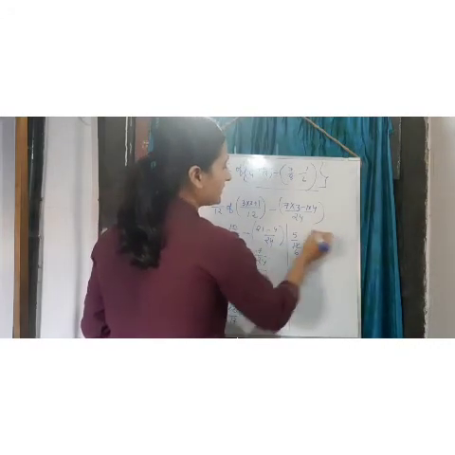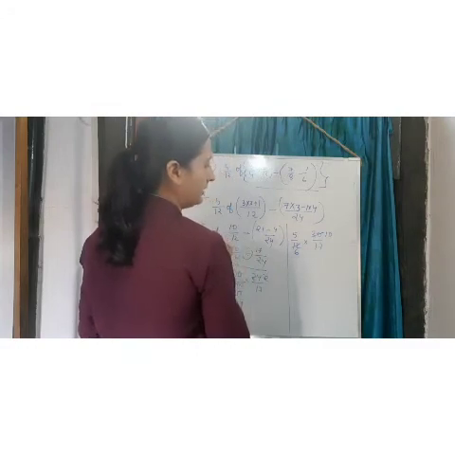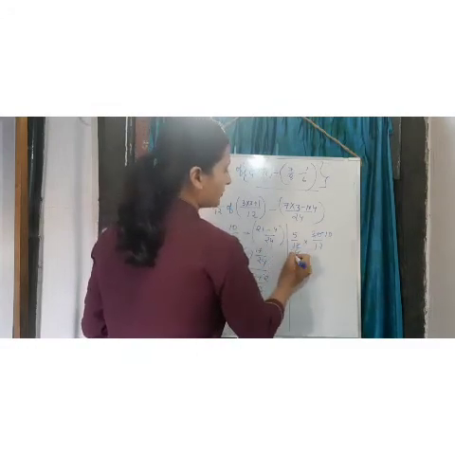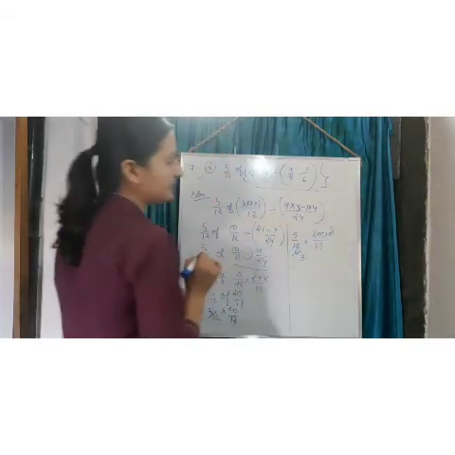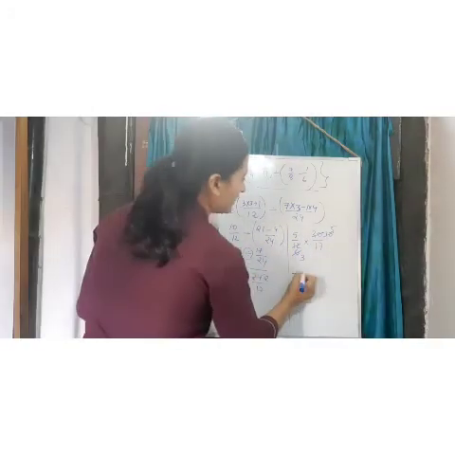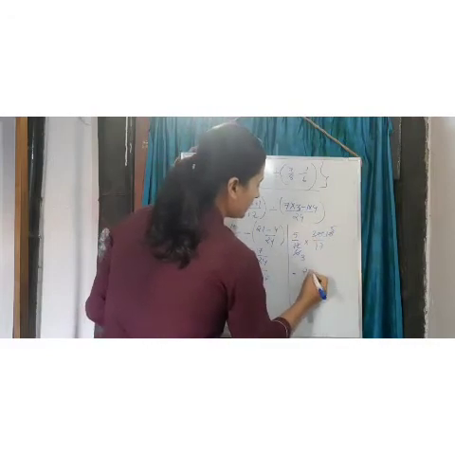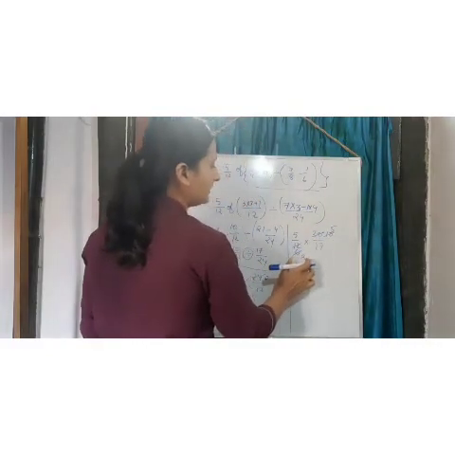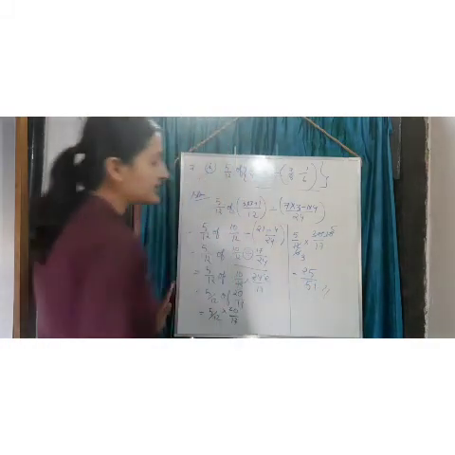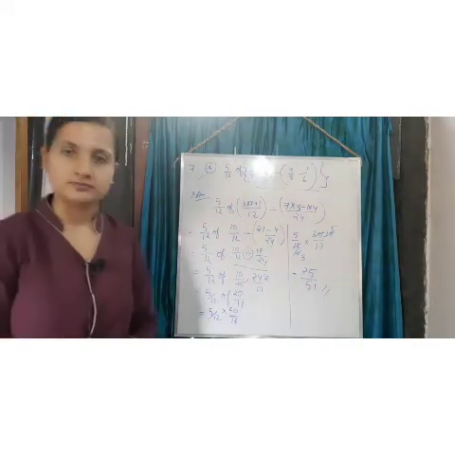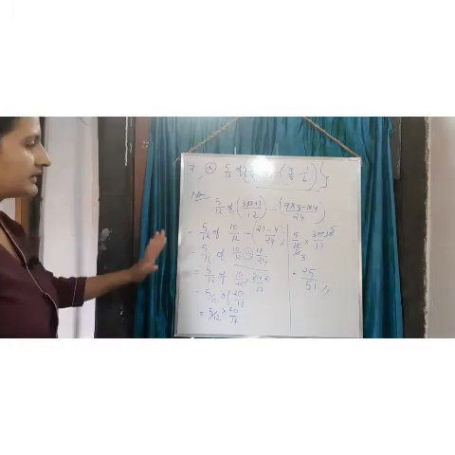So 2 10s are 20. Fine. Okay. So 2 3s are 6. Okay. 2 5s are 10. Clear? 5 into 5 is how much? 25. And 17 3s are 51. So your answer is 25 by 51. I hope that it is clear to you.